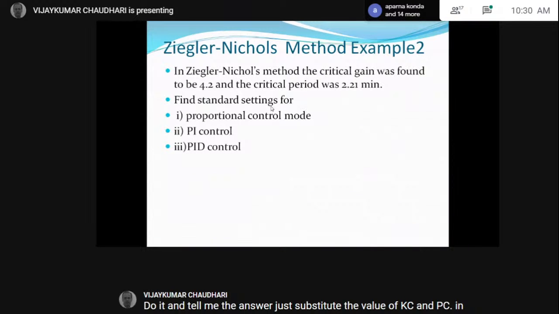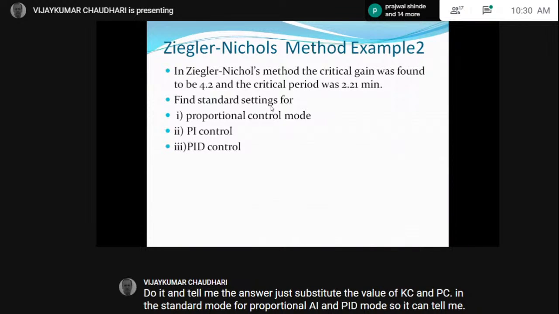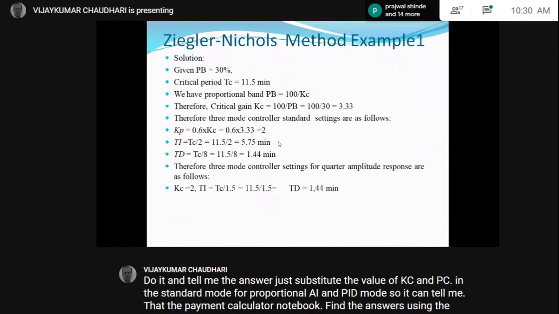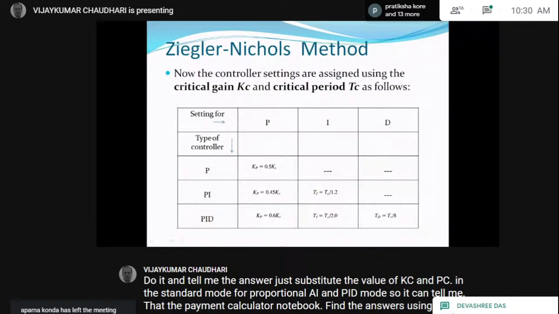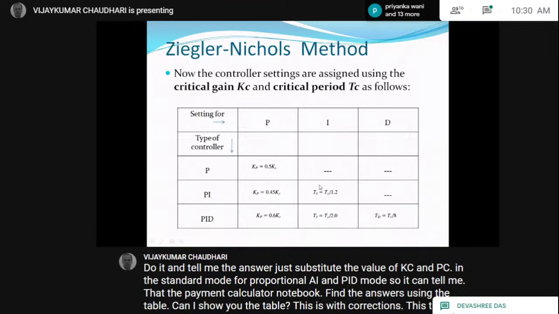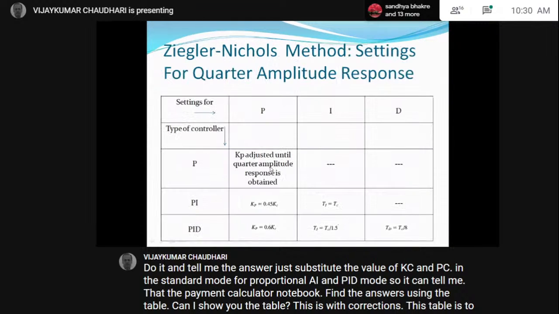Take the pen and calculator, notebook. Find the answers using the table. Shall I show you the table? This is with corrections. This table is to be used. Use this table and find out what the values are.